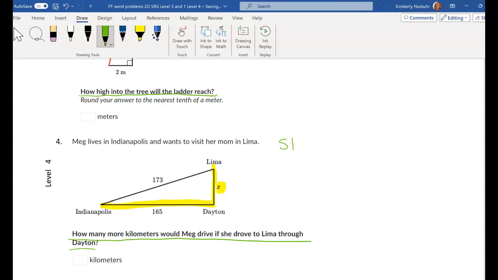Step one. Find out the leg. What is the missing leg?